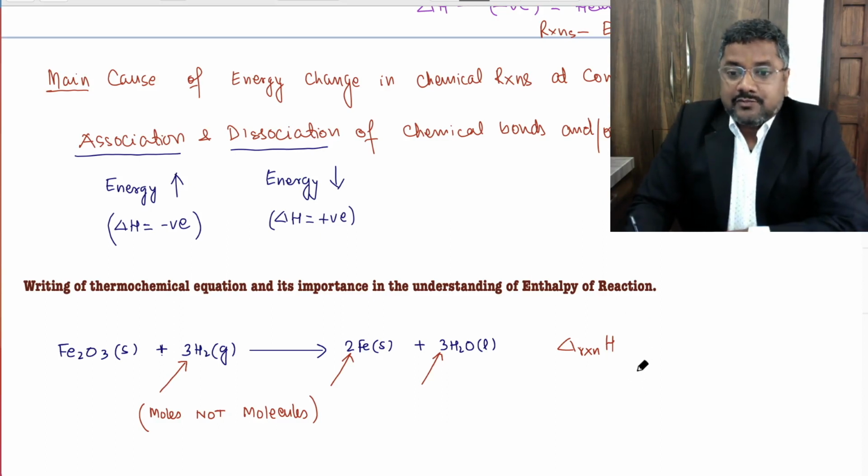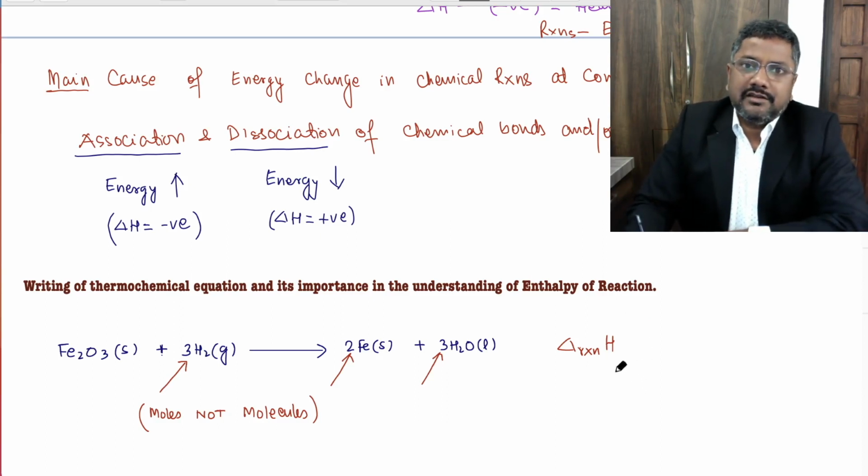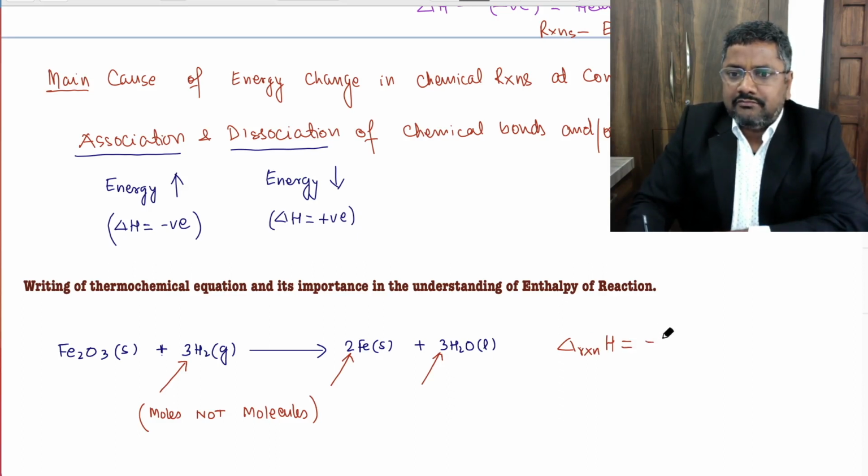But as per IUPAC recommendation, the process should be written with delta, after that H. So if this is given as minus 33.3 kilojoules per mole, right?